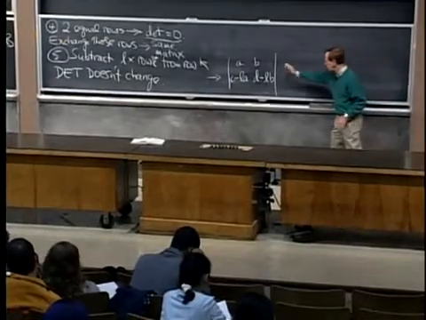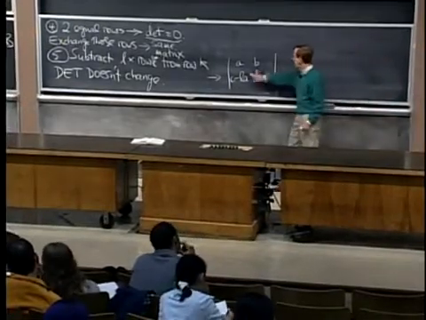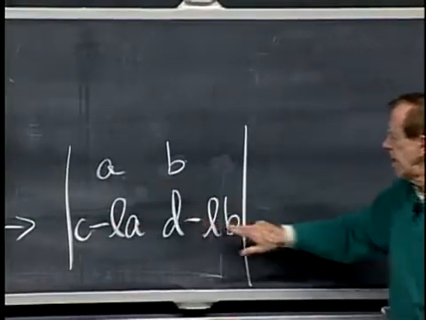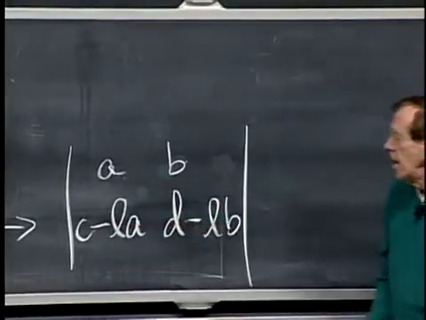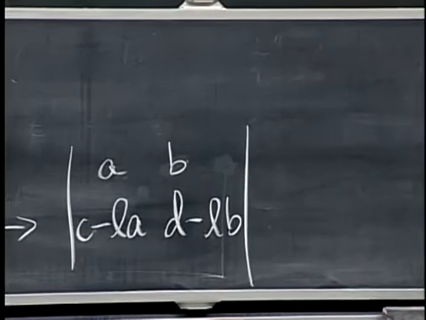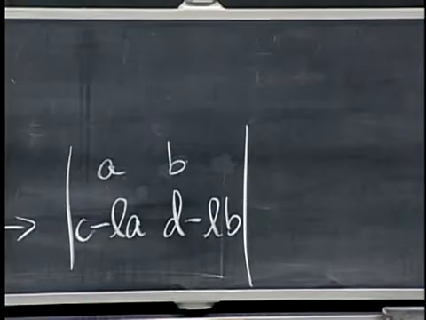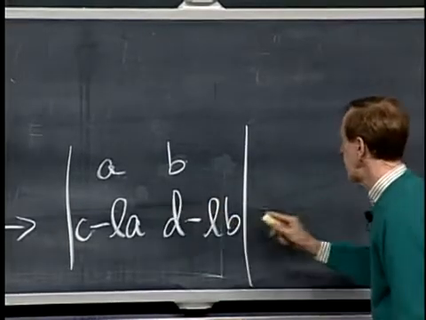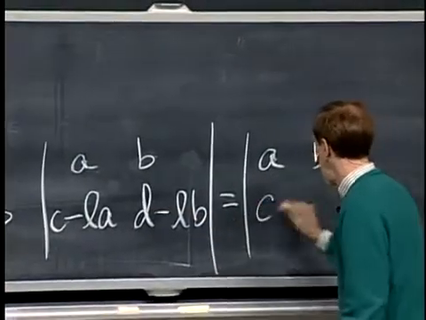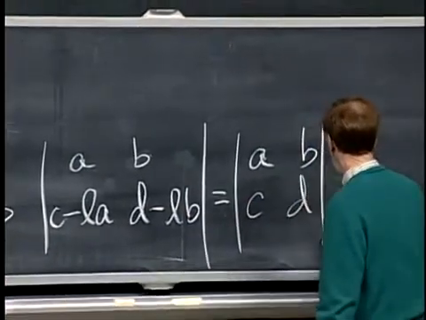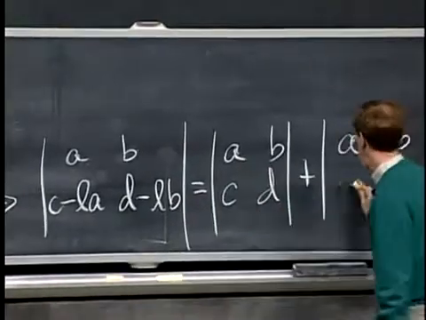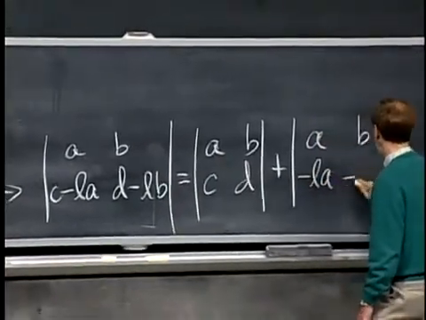And of course, I can multiply that out and figure out, sure enough, ad minus bc is there. And this minus aLb plus aLb cancels out. But I just cheated, right? I've got to use the property. So what property? Well, I'm keeping the first row the same. And the second row has a c and a d. And then there's the determinant of the a and the b, and the minus La, and the minus Lb.